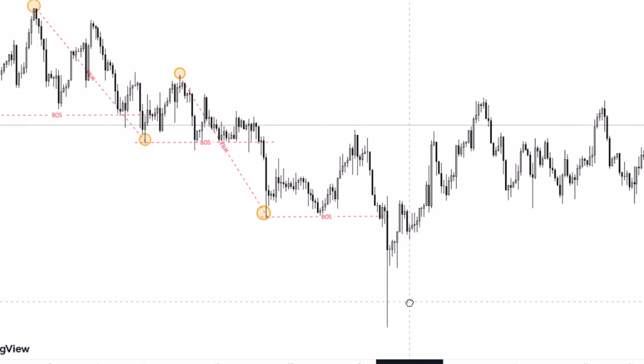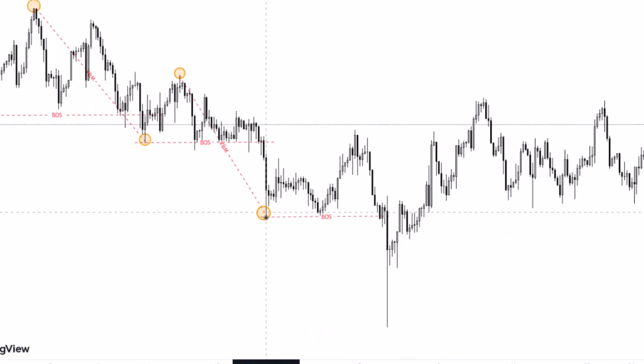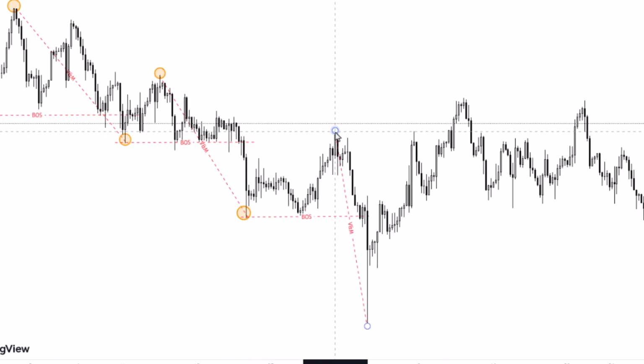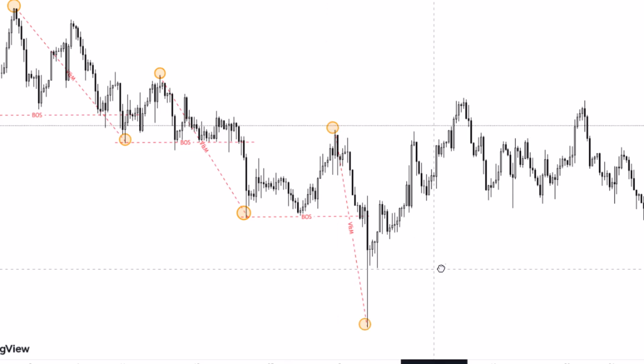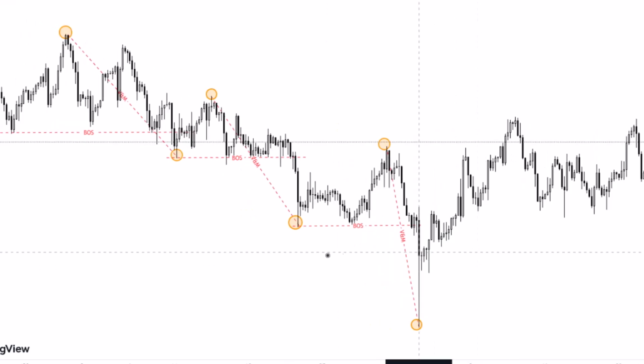Then, we also take into consideration the volume and momentum. When this new low was created, it then retraced. If we consider this movement from here to here in terms of volume and momentum, then we can put our reference point here. So you see, this is what we call structure.